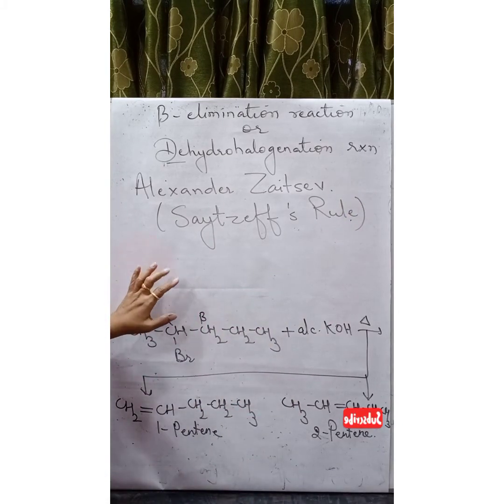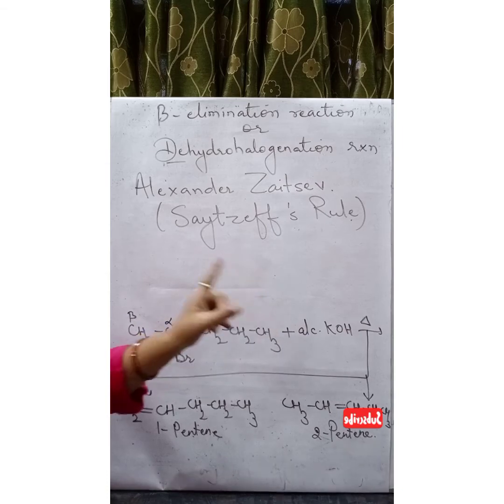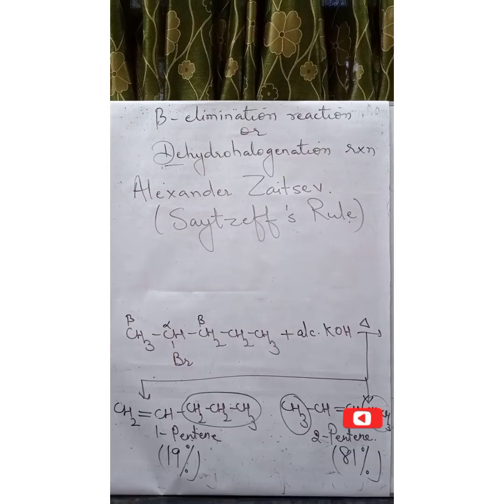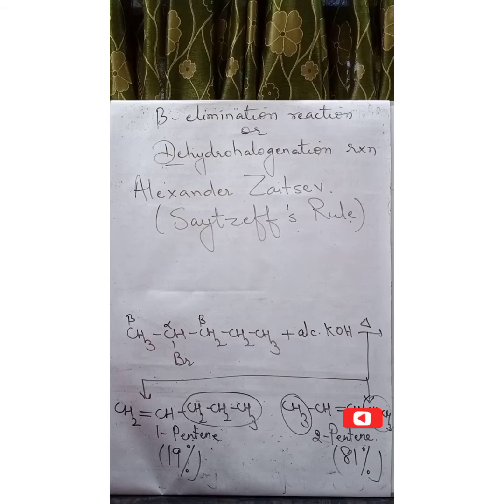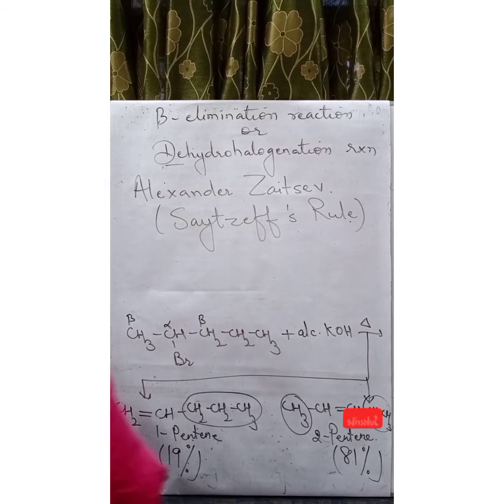According to this rule, in dehydrohalogenation reaction, having more than one beta carbon atom, the most preferred product is that alkene, which contains more number of alkyl groups attached to doubly bonded carbon atom. Hence here 81% 2-pentene is obtained as the preferred product.